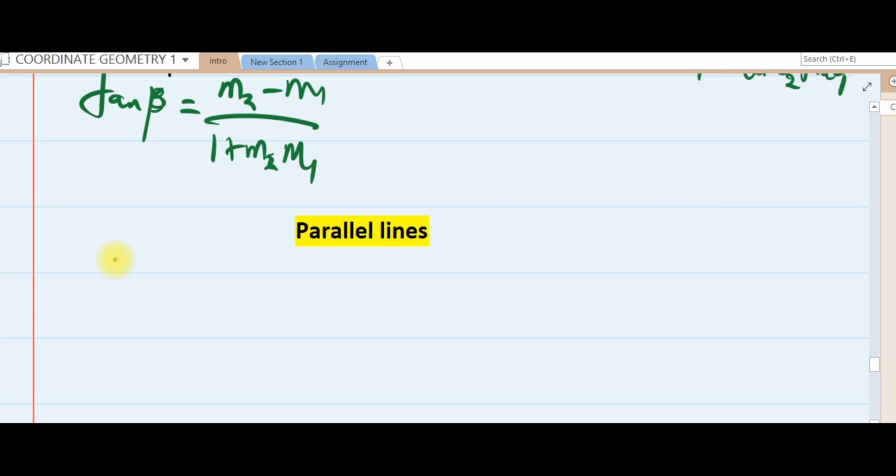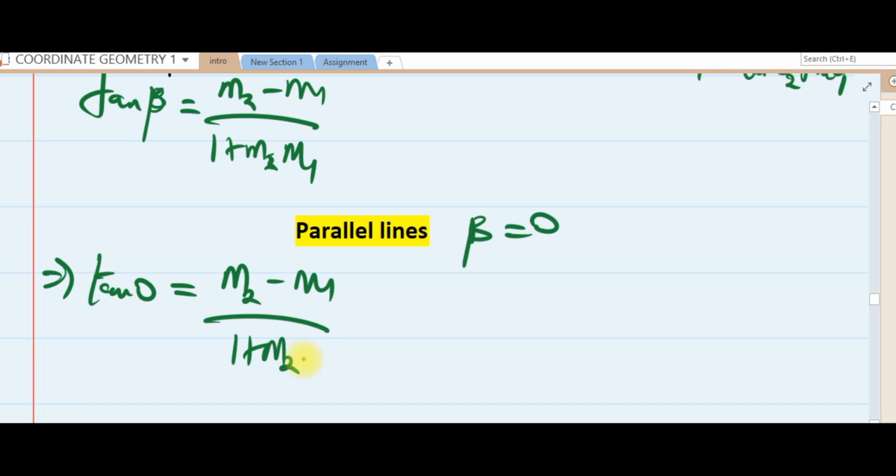If two lines are parallel, it means the angle between the two is 0. So for parallel lines, beta is 0, which implies that tan 0 is m2 minus m1 over 1 plus m2 m1. And what is tan 0?